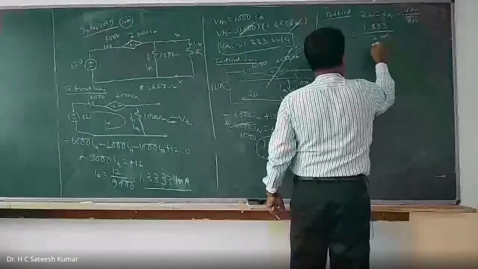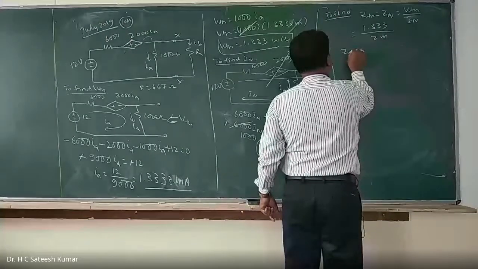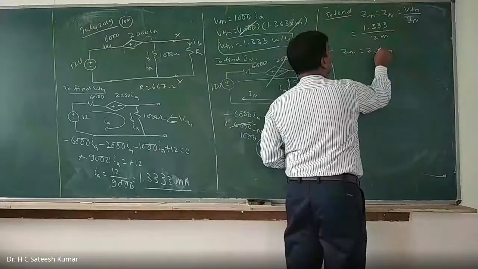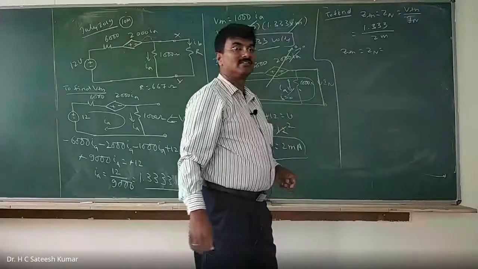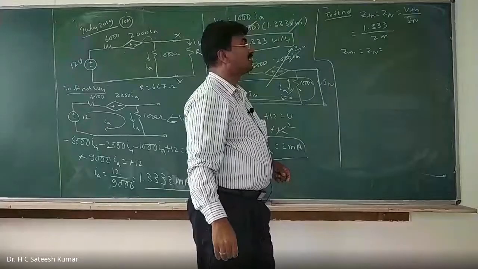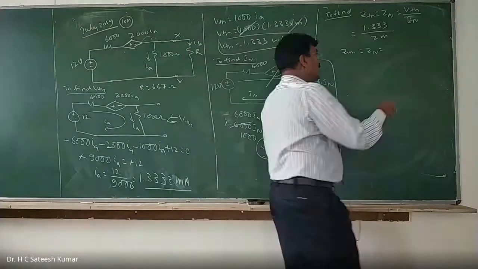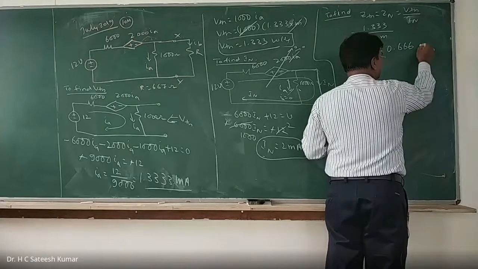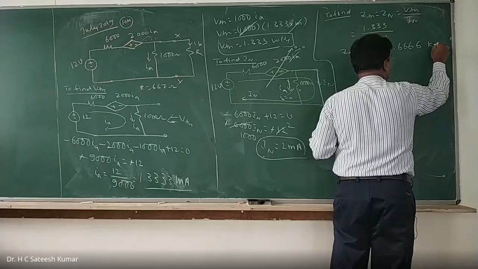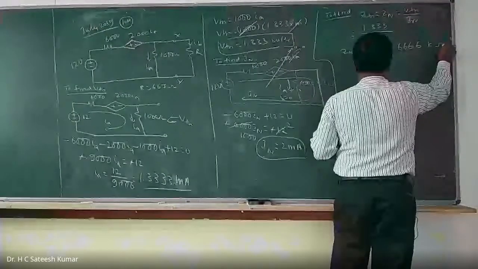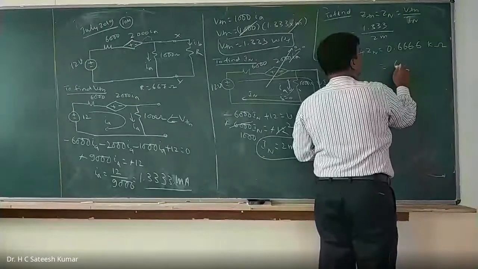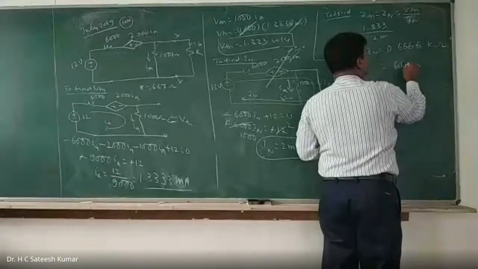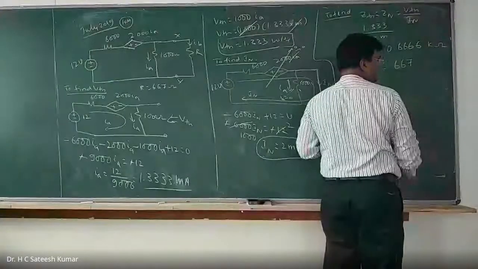That is 0.66666 kilo ohms, which is 666, and this can be approximated as 667 ohms.